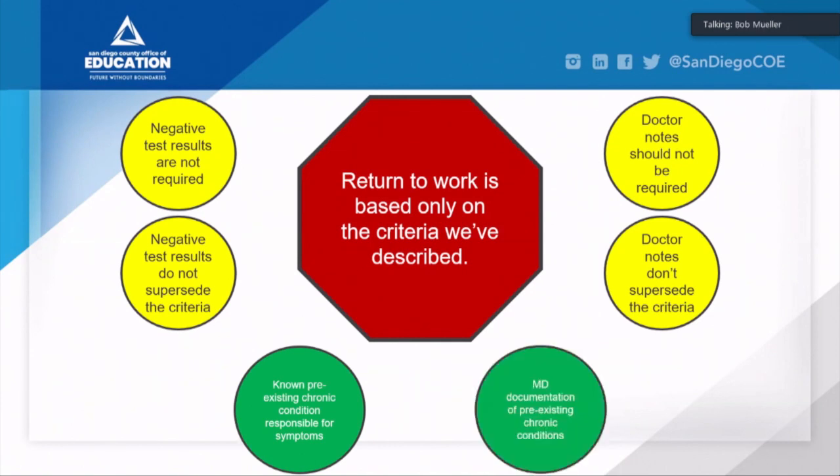If there is a new condition that the school is not already aware of, then documentation from the medical provider is necessary to allow them to return to school or work. But we also want to be able to talk to that doctor. So getting an authorization to make sure that your school nurse can make that contact and confirm that it's a chronic condition, that's going to be required.